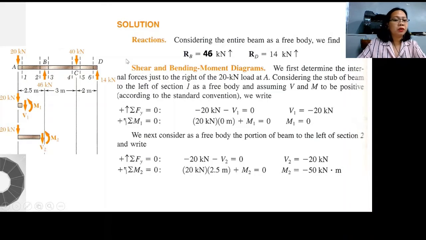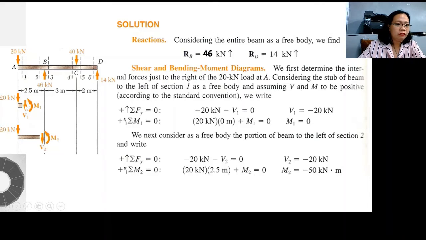So to start with our shear and bending moment diagrams, we first determine the internal forces just to the right of the 20 kilonewton at A. Then consider the stub of beam to the left of section 1 as a free body, and assuming that V1 and M1 to be positive according to the standard convention.